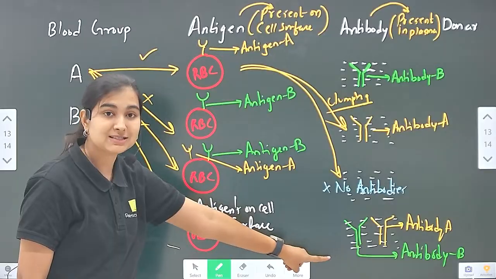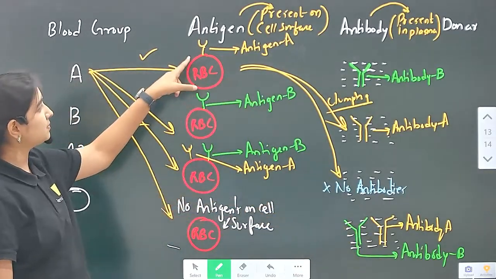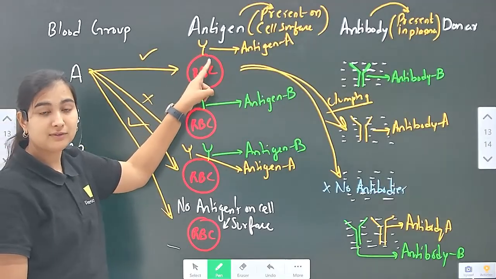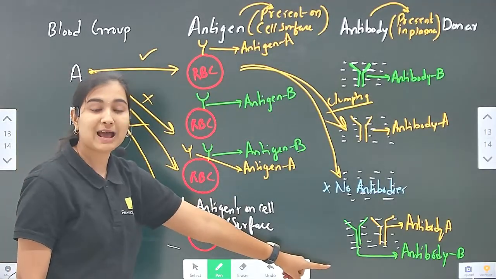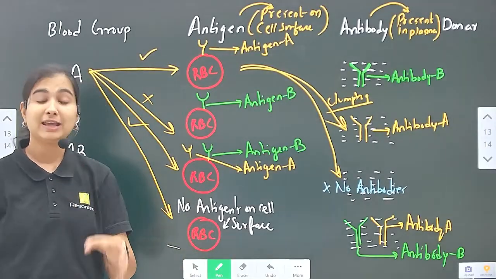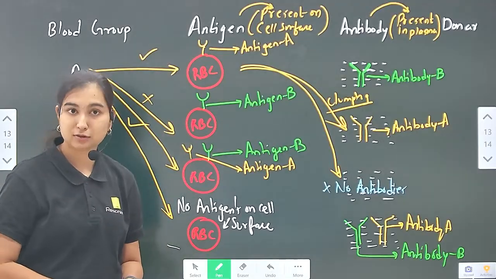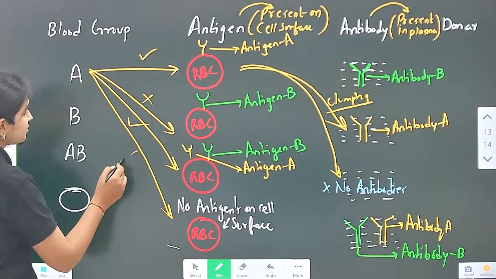Now what is present in the plasma? The antibody A and antibody B. The antigen here is antigen A. So when they go into the plasma, there is clumping. The antigen A and the antibody A would react and form clumping. So here also it is not advised.